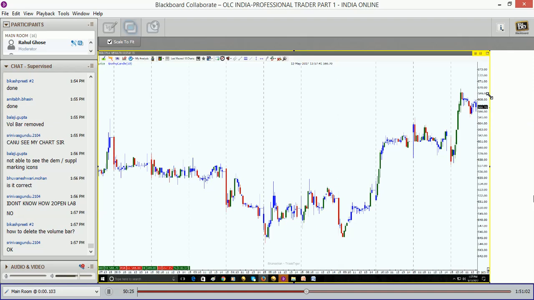Next to this volume, go to volume, put your mouse over volume, and you will see an X will come. Let me do it for you. There you go.